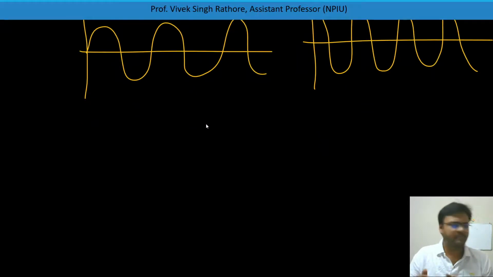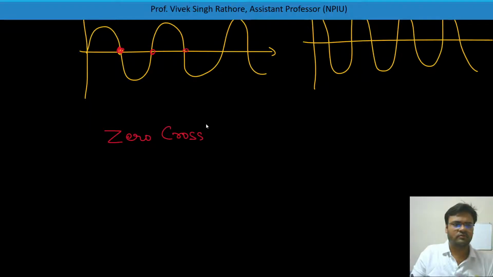Sinusoidal signals can be represented as sin t and cos t, that you already know. But here, when these signals are crossing the 0 point, wherever they are crossing 0, those points are called zero crossovers. Zero crossover is ZCO.